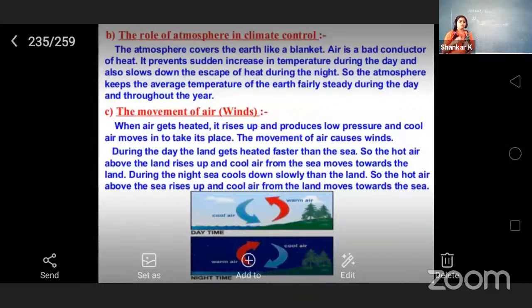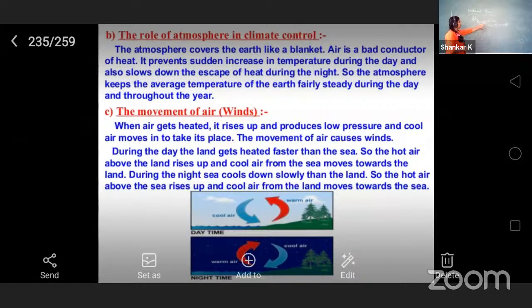So we feel very hot in the daytime and very cool at night. Why? Because this activity takes place in the atmosphere. The atmosphere keeps the average temperature of the earth fairly steady during the day and night.